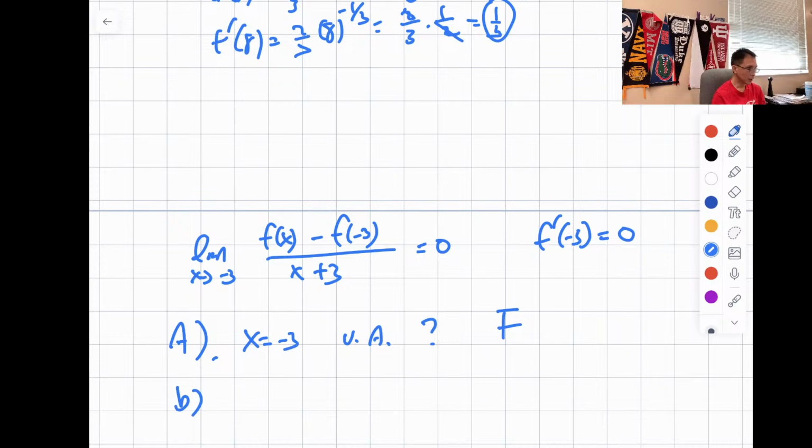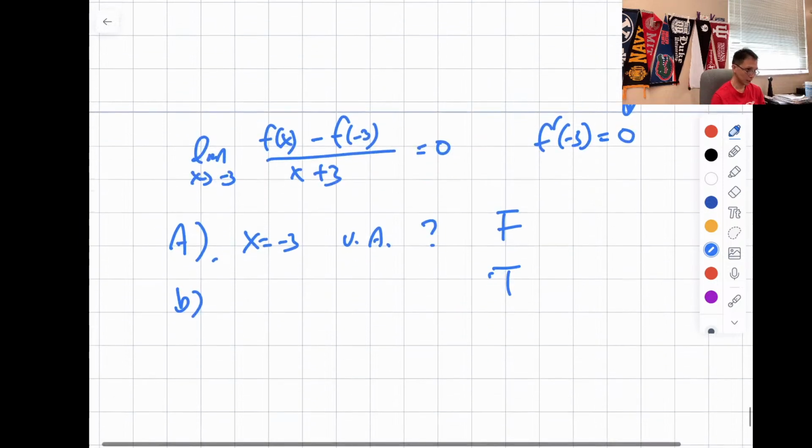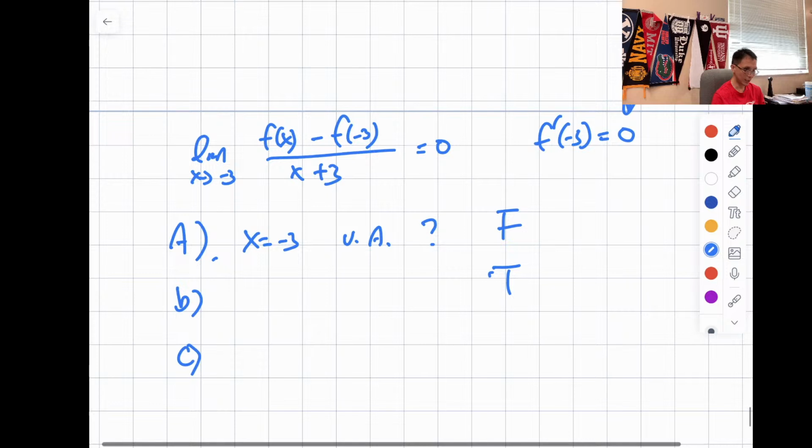B, the derivative of f at x equal to -3 exists. Is that true? It actually is true, because they already give you an evaluation equal to 0. So it is true. Is C true? The function f is continuous at x equal to -3? It's true, because it has to be continuous in order to be differentiable.